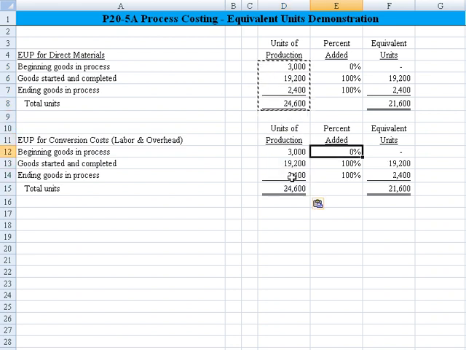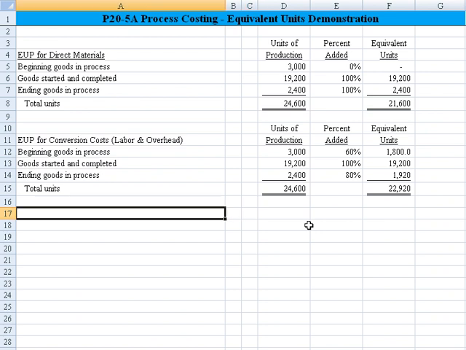Now, percent completed for conversion cost was 60% as stated in the problem. Goods started and completed is always 100% because these reflect those that you started during the current period and completed it. And the ending they told us was 80% in the problem. So we've now completed part 1, which is the equivalent units information, and now we can move on to part 2.